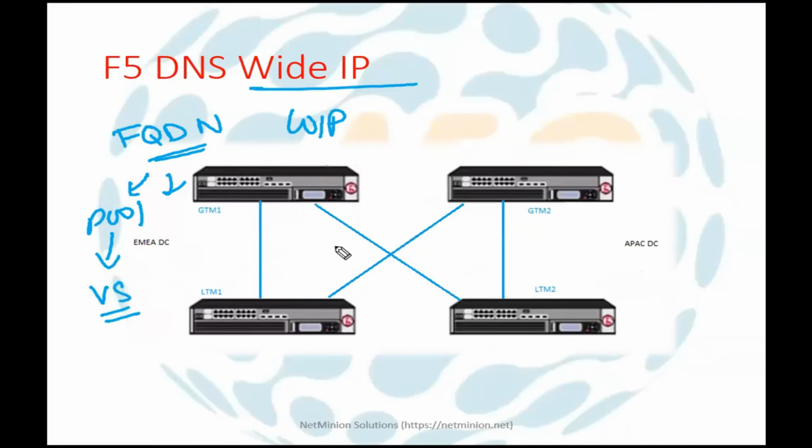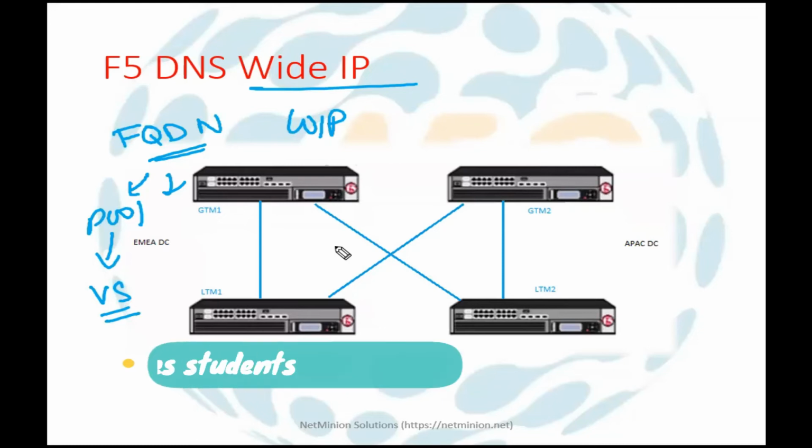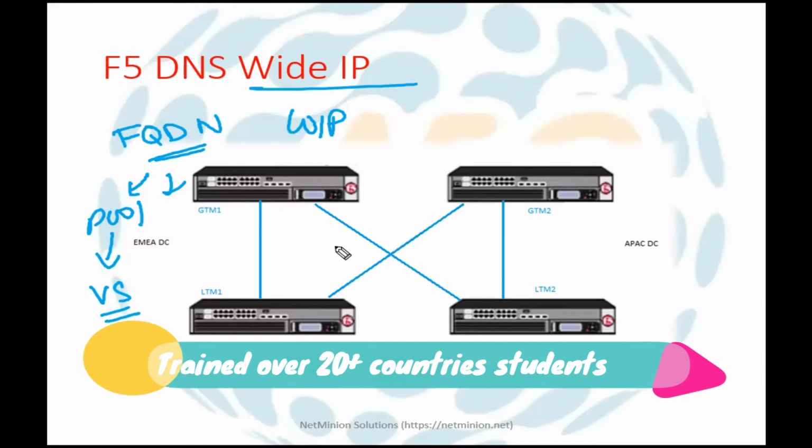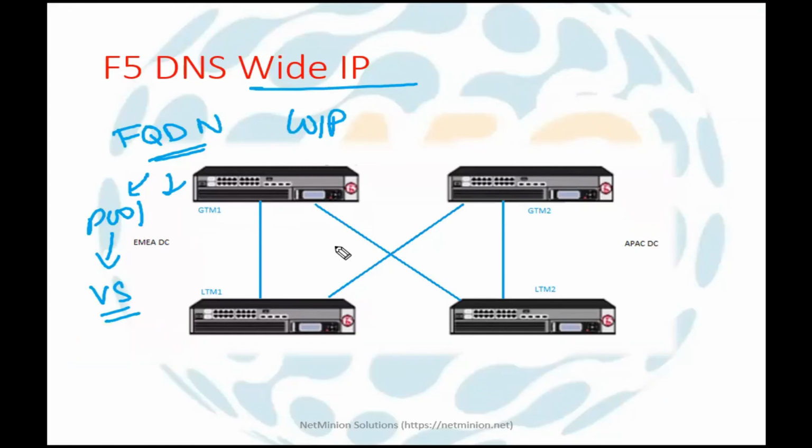So a wide IP maps a fully qualified domain name to one or more pools. When an LDNS issues a DNS resolution request for a wide IP, the configuration of the wide IP indicates which pools of virtual servers are eligible to respond to this request.